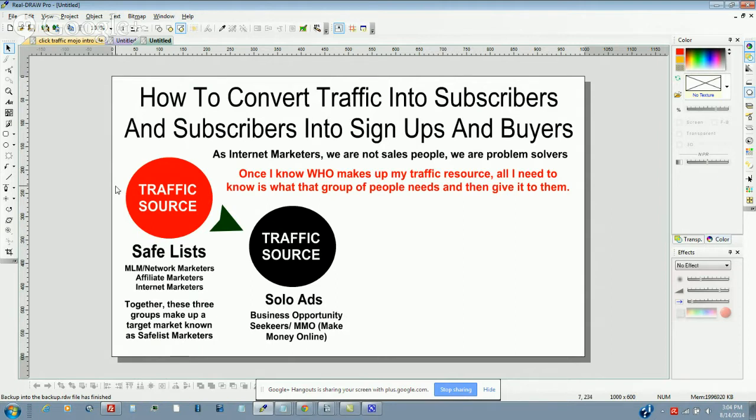So the first step in the process obviously is to identify a traffic source that we can plug into where we can present a specific audience of people with a solution to a problem they face every day. Safe list marketers are always looking for ways to generate more traffic, generate more subscribers, also get conversion. So those are some of the things that I can offer them so they can learn, apply, and get results with as well.